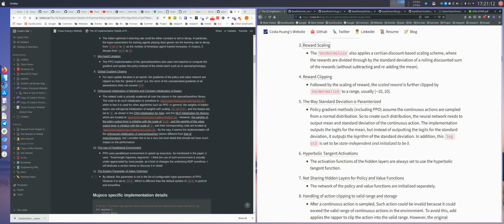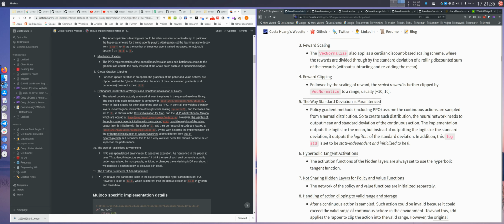However, this is not exactly the implementation from OpenAI baselines. Instead, it outputs a logarithm of standard deviation. In addition, this logarithm of standard deviation is state independent and initialized to be 0.